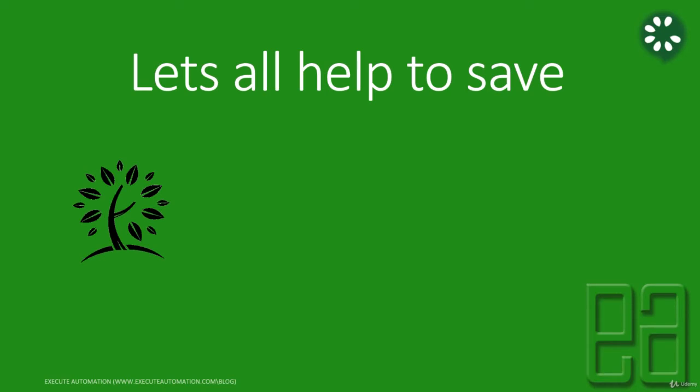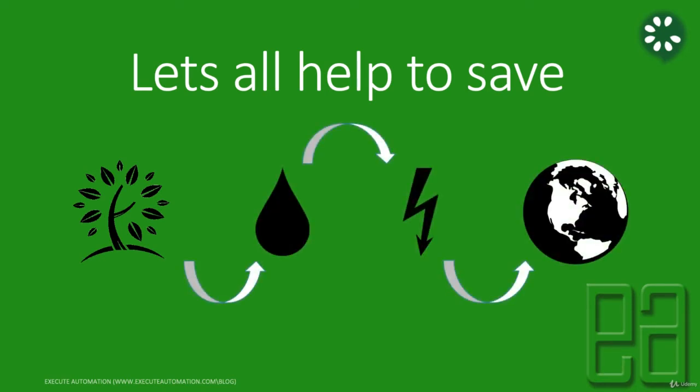So let's all help to save our trees, water and energy to save the motherly planet Earth. I have been talking about this since 2016, I guess, and I could see that there is no improvement, at least in terms of the years' development. Temperature increase is happening from 2016 to 2019, and we are still going in a very, very bad situation.